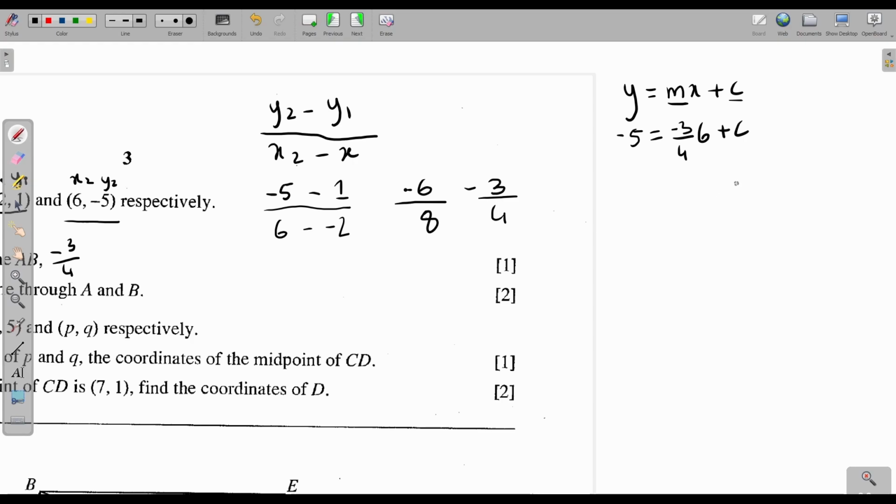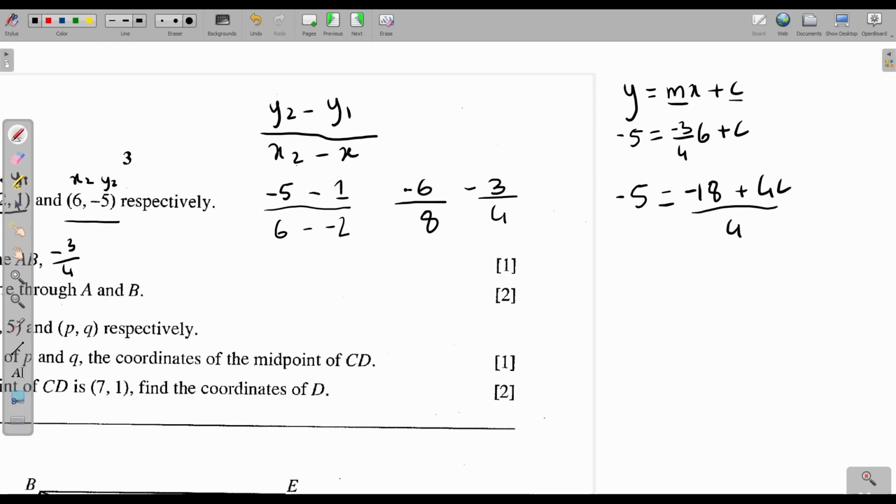So first thing we can do is get rid of the denominator by multiplying this side by 4 and multiplying c by 4. So 3 into 6 is actually 18, so let me write minus 18 plus 4c over 4.